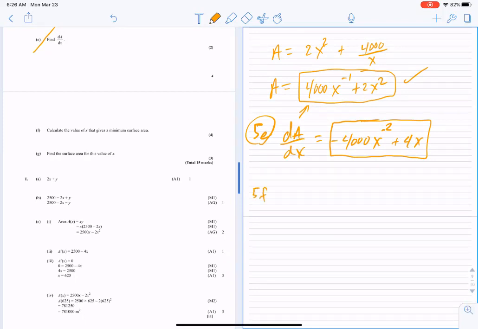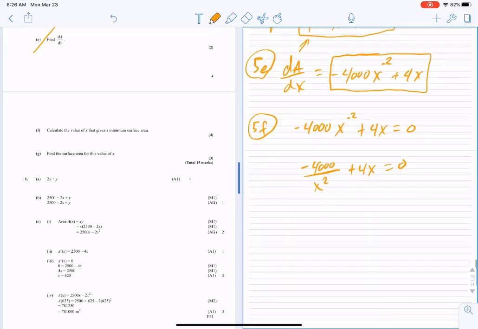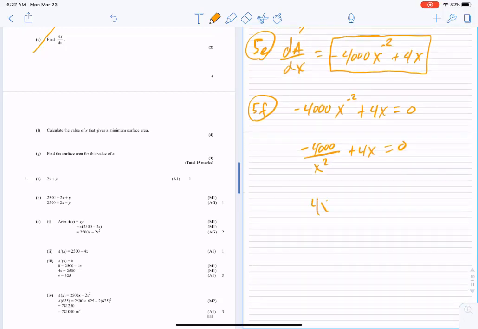So many parts here. Calculate the value of x that gives a minimum surface area. So we're going to set this equal to 0. I'm actually going to write this the other way, in this form, which is easier for me. Maybe not easy for everybody, but easier for me.